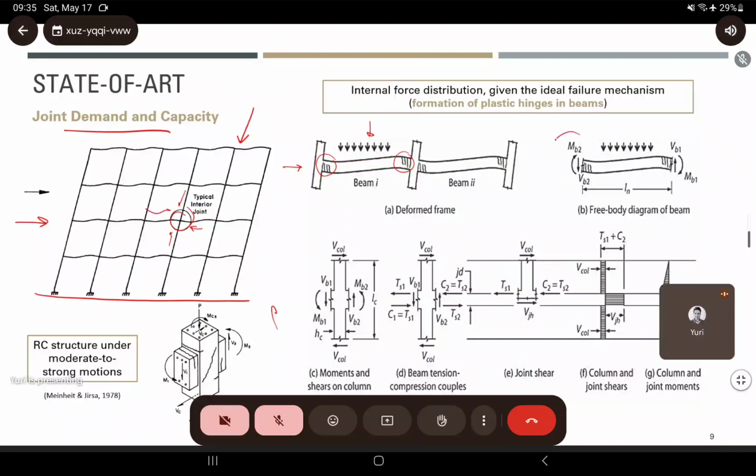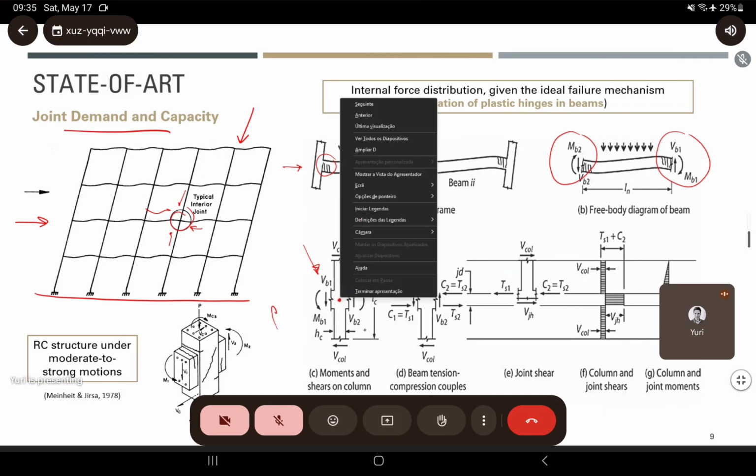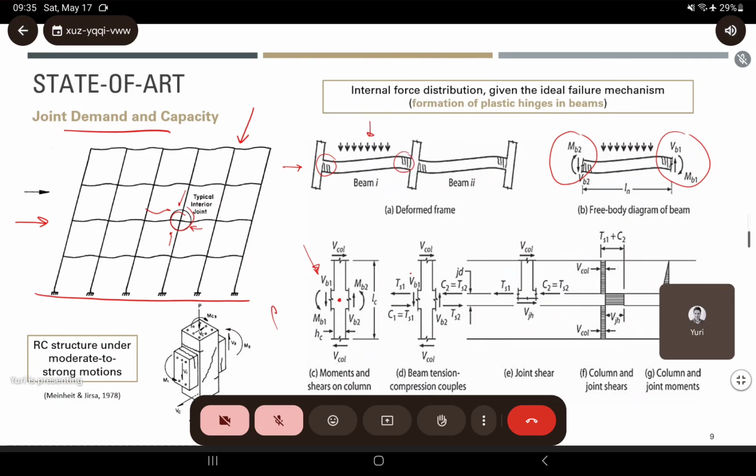In this situation we have, at the boundary of the joint, forces and internal moments, a combination of forces that surge into the boundary of the joint. From the combination of these forces that come from the members' strength, we can assess the horizontal joint demand on the joint.